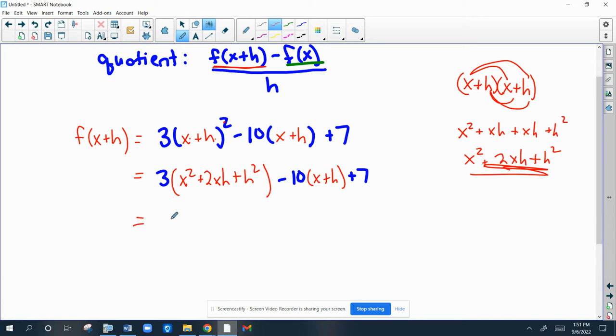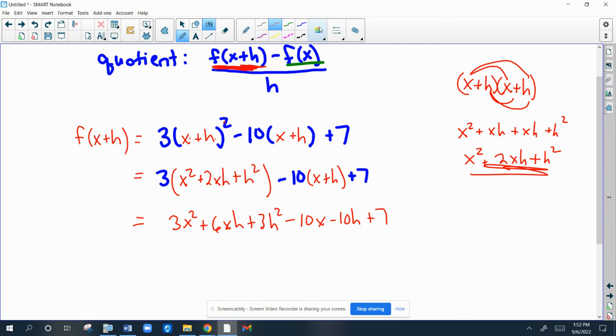So I have 3x squared plus 6xh plus 3h squared, and now distribute the negative 10: minus 10x minus 10h plus 7. And I'm pretty much done with that. So that was the green portion. It's not too hard. There's a lot going on, but it's easy.